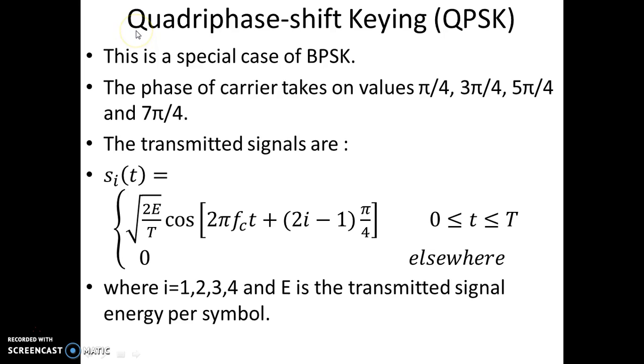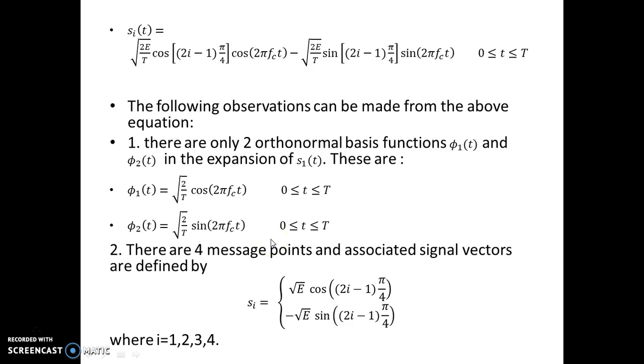Si of t, on opening this expression in the form of cos (a plus b), we have this expression here. Certain observations we make from this Si of t expression: there are 2 basis functions. One is root 2 by T cos 2 pi fct, the other one is root 2 by T sin 2 pi fct. The second observation we make is there are 4 message points.